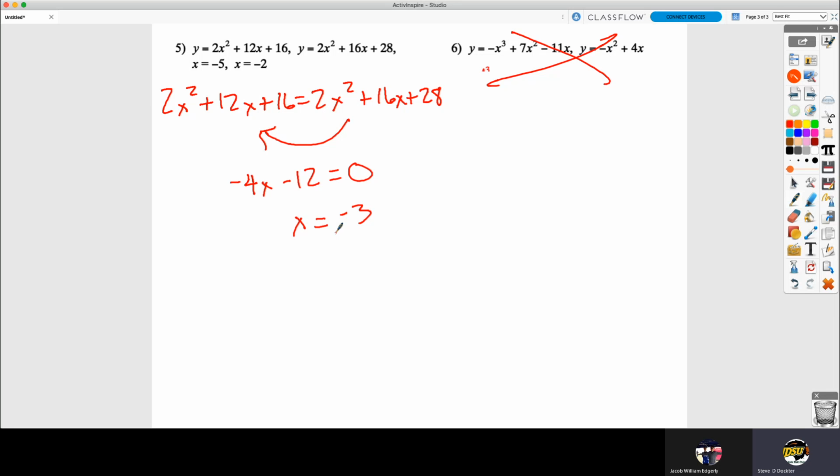-3 means that, first of all, it's in between our restrictions here. If it fell outside the restrictions, do we care about it then? No, we don't care about it. But since this one does, we are going to go from -2 to -3, and we're going to go from -3 to -5.